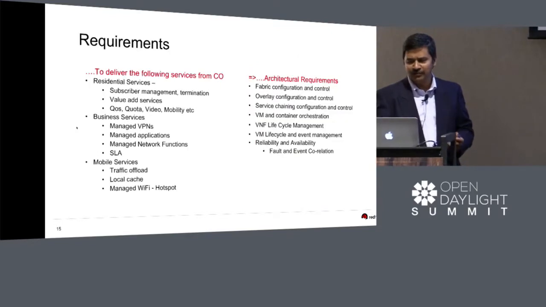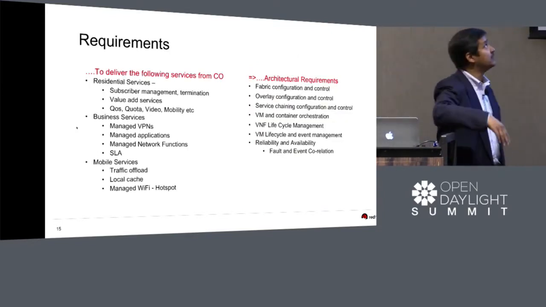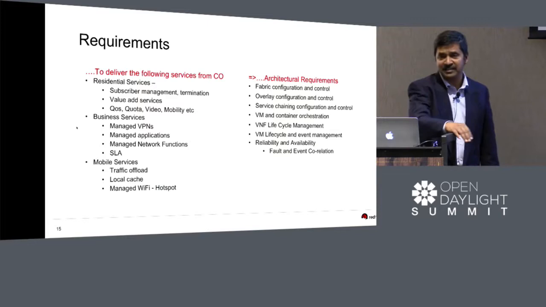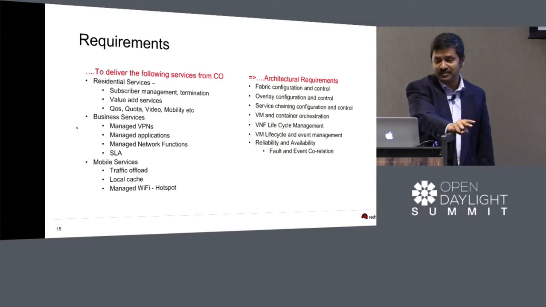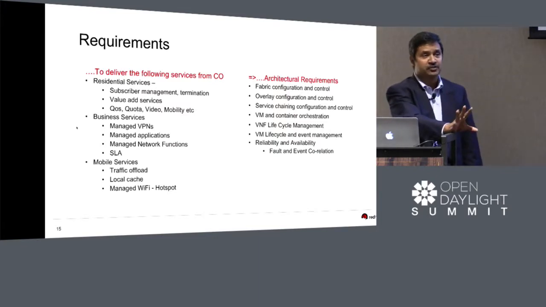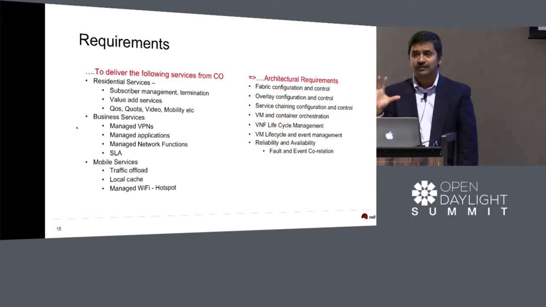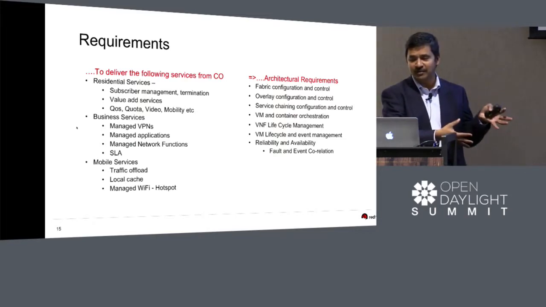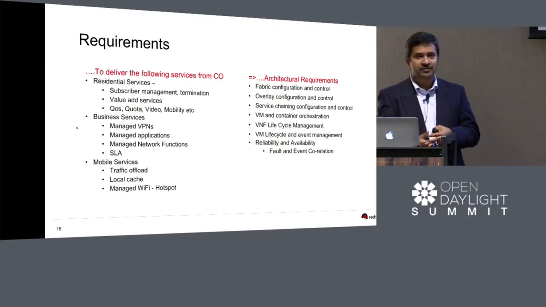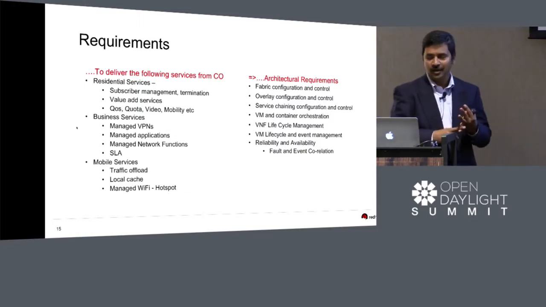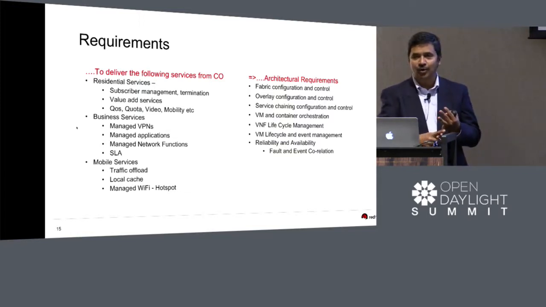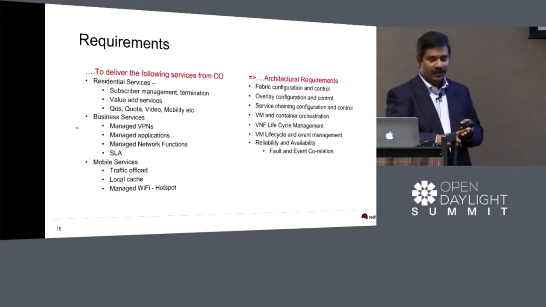So if you look at that framework and then look at the requirements, remember we said residential services, business services, and mobile services. In order to deliver those functions from a central office, we need to look at the architectural requirements within the framework we just described. What are those architecture requirements? We need the ability to manage the network overlay. We need the ability to manage the fabric. We need the ability to manage the entire service chain capability.